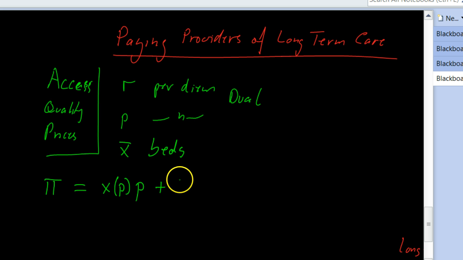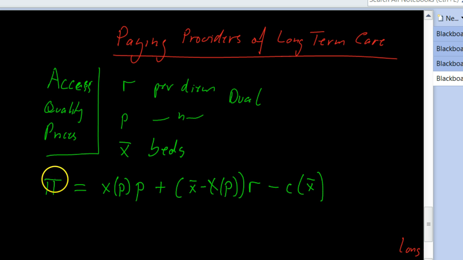So the number of beds is going to be the number of beds you have available, subtract the number of beds you gave away to the private sector here, and multiply that by the price you're going to get in the public sector. And then you have to subtract the cost of every single bed, and let's say it's the same cost as for all the beds. So that's your profit. Now, just this very simple equation here has some implications for access, quality, and prices.